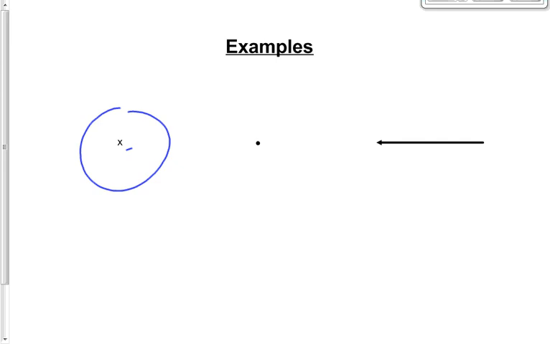Counterclockwise. Some people say clockwise.